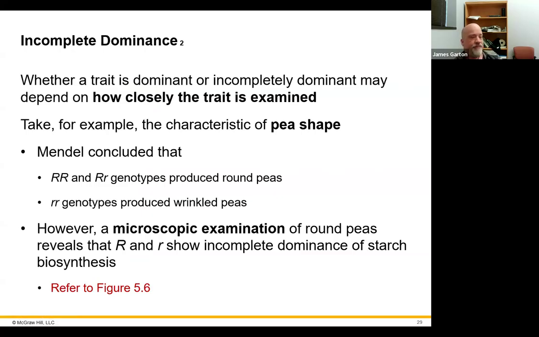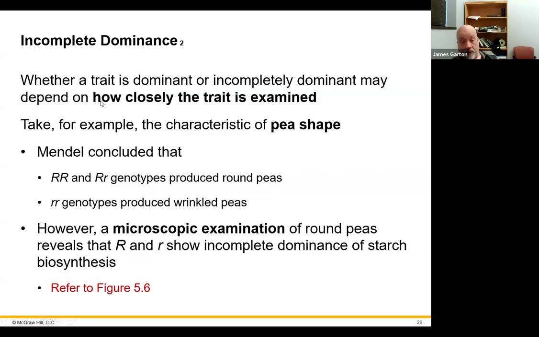Now, it turns out that most traits, when you look at them very closely, they are exhibiting some sort of incomplete dominance inheritance.